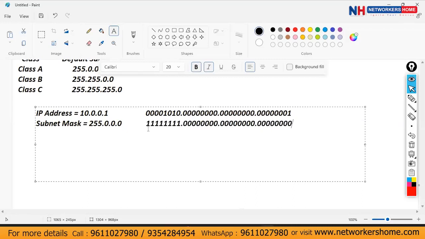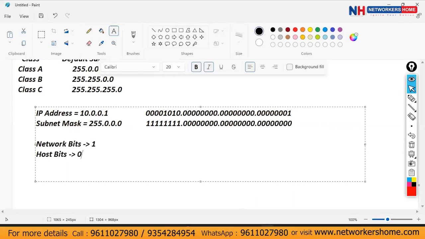If you write your subnet mask in binary, you can easily tell from your IP address which part is the network and which part is the host. Anywhere you see a 1 in your subnet mask, those are your network bits. Network bits are represented by 1, and host bits are represented by 0.